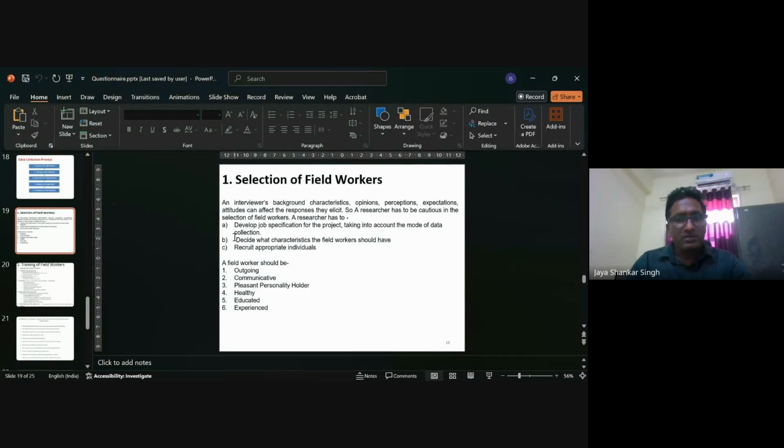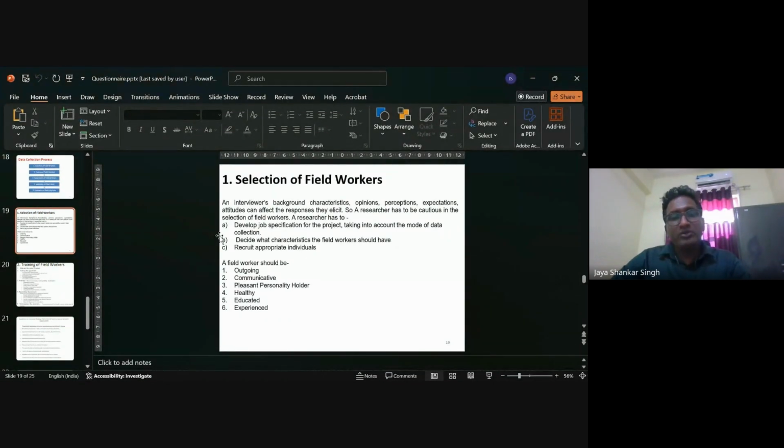So looking at the mode of data collection, you will define the job specification for the field worker. You will decide what characteristics you need in those field workers. Sympathetic, suppose somebody who has some social inclination, those who are involved in some social work, they will be more responsible toward their work, especially related to women employment.